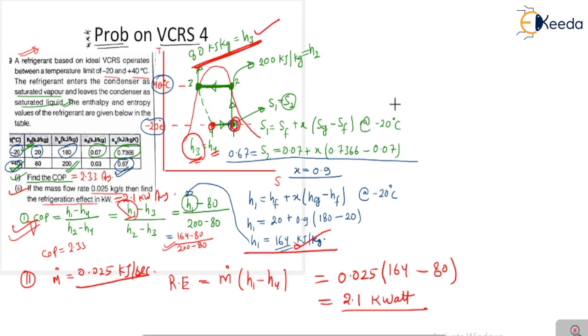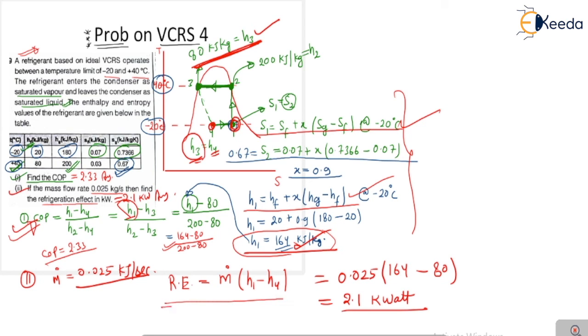Then we apply the pure substance property formulas for entropy and enthalpy, solve for the unknown value, and put it there. By applying all the given data, we find the COP value, and again apply the standard equation as per the given situation.